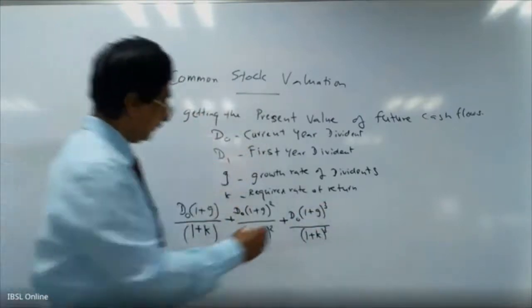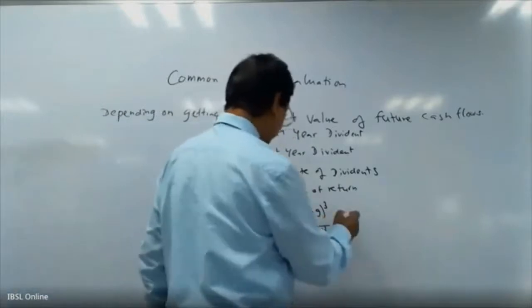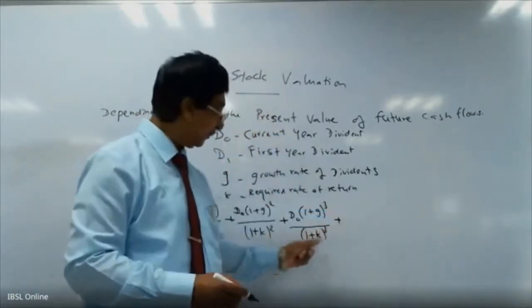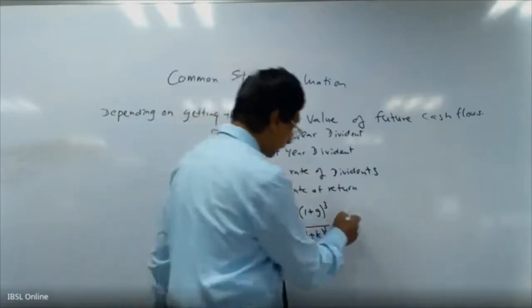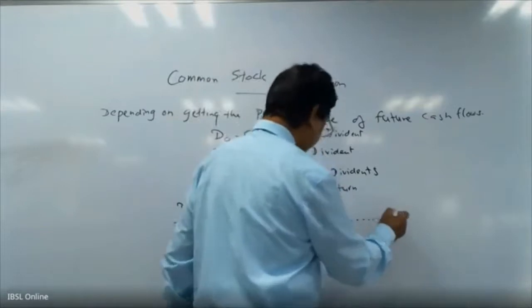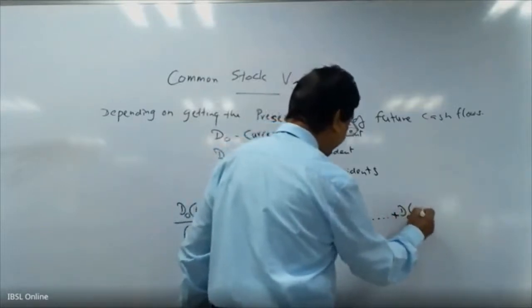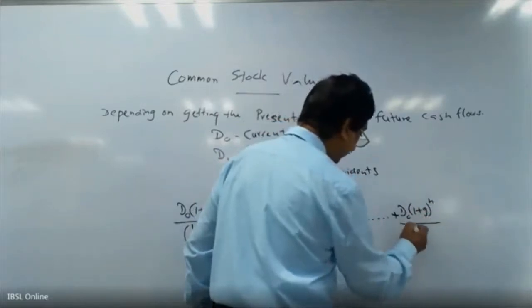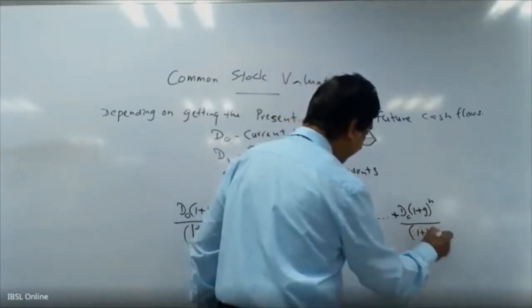Now it goes on. Next one would be D0 into 1 plus g to the power 4 divided by 1 plus k to the power 4, but we can put dots this way. And the last would be D0 into 1 plus g to the power n divided by 1 plus k to the power n.